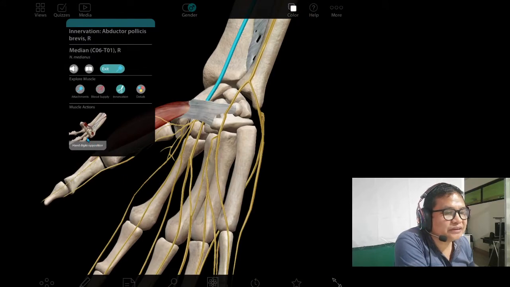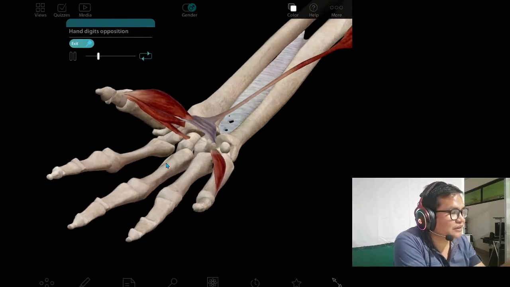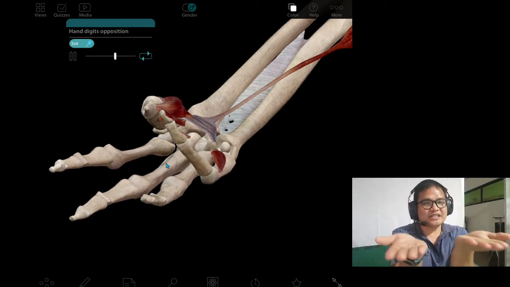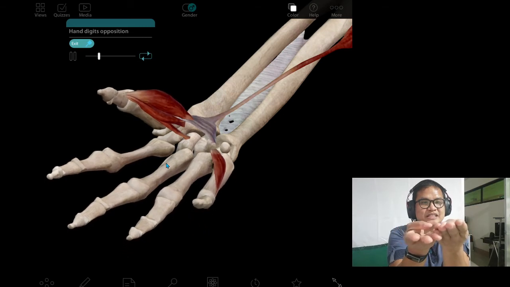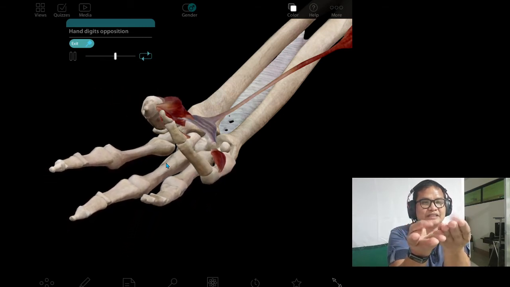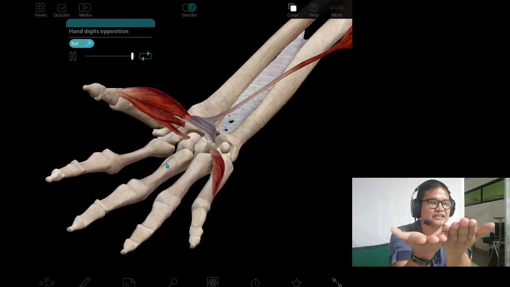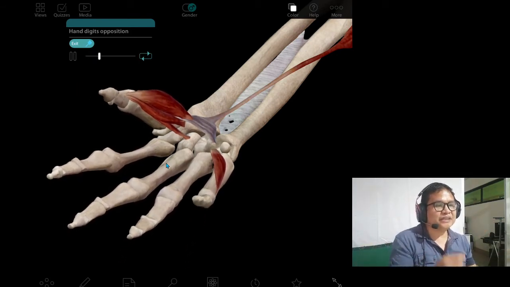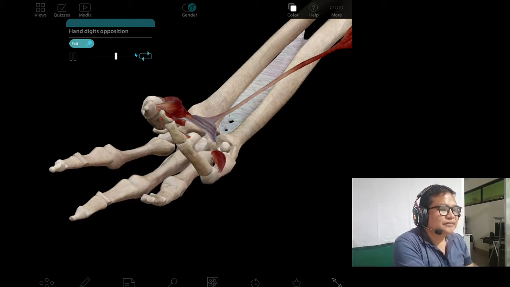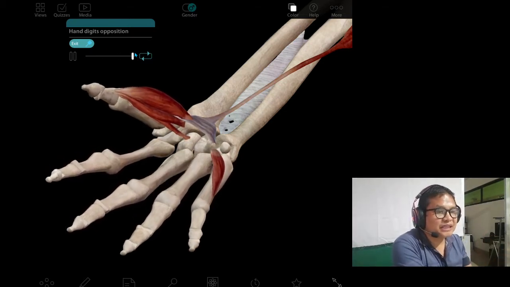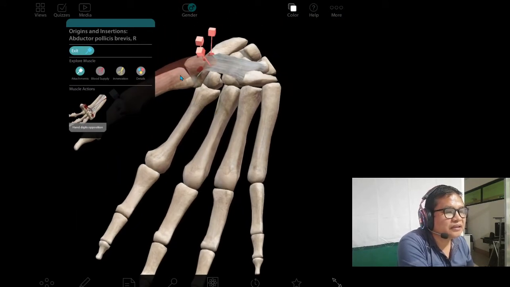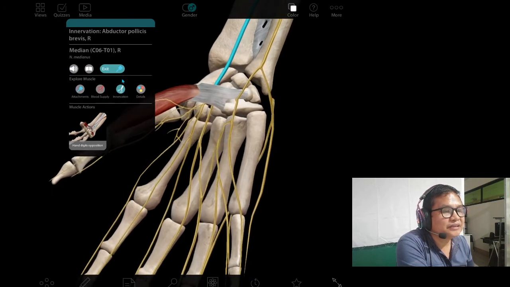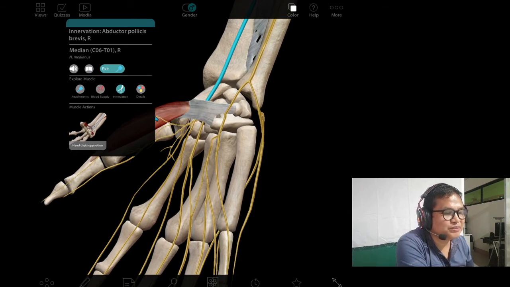This is the abduction of the thumb. Of course, that is innervated by a branch of the median nerve.